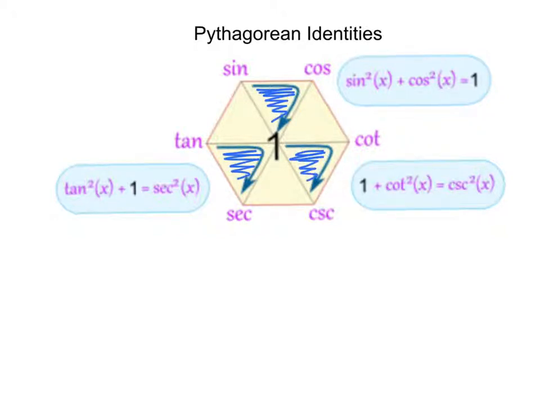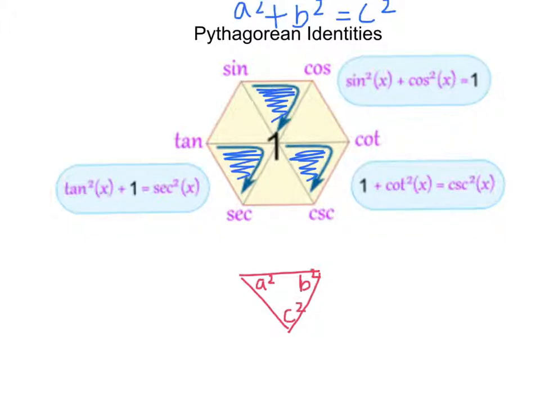Just like the Pythagorean theorem is a squared plus b squared equals c squared, this follows the same pattern. If I were looking at any one of these triangles, the top 2 corners are my a squared and my b squared, and the bottom is c squared.